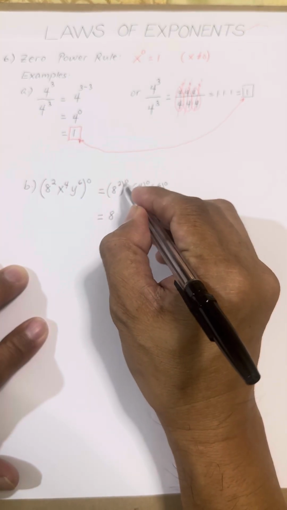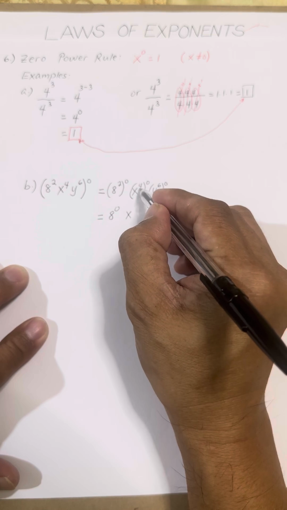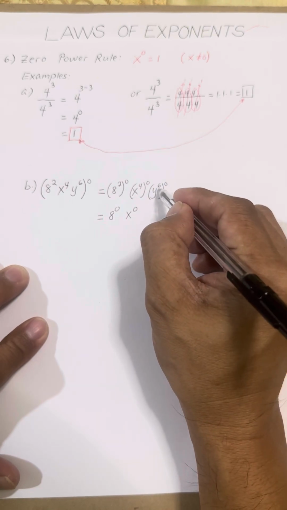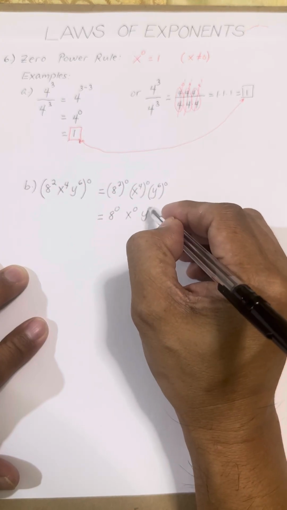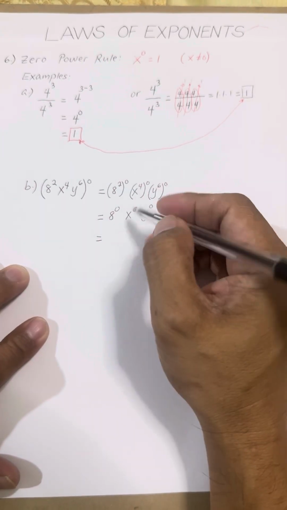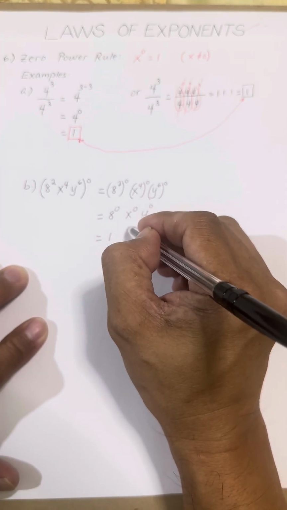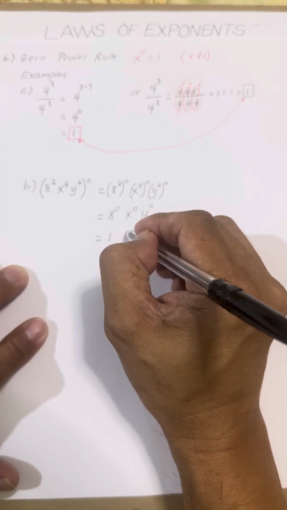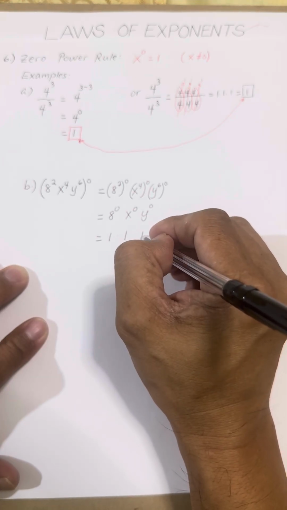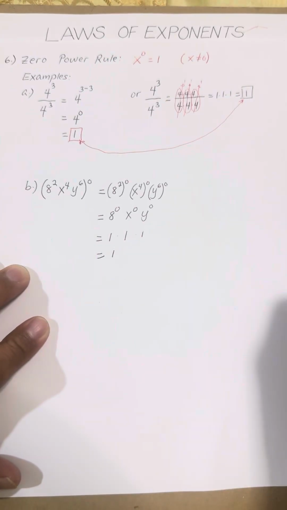So 2 times 0 is 0. Then 4 times 0 is also 0. Then 6 times 0 is also 0. We know that any base raised to power 0 is equal to 1. So therefore, 8 to the 0 is equal to 1, times x to the 0, which is also equal to 1, then y to the 0 is also equal to 1. So we have 1 times 1 times 1, which is equal to 1.